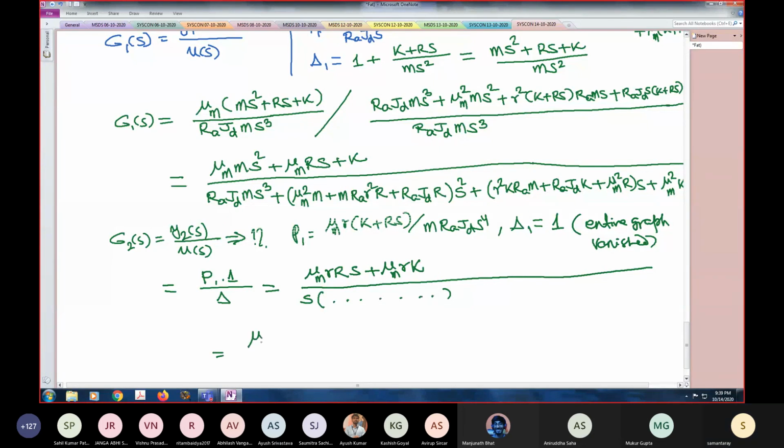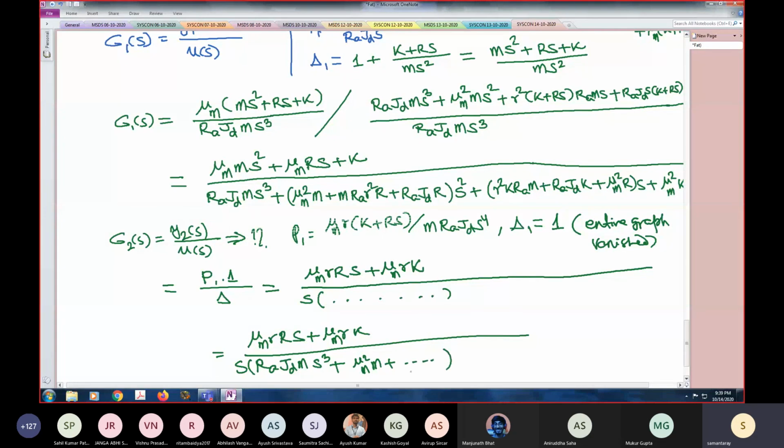So this is mu m r rs plus mu m r k by RA ZD MS cube S into plus mu m square m plus dot dot dot s square plus dot dot dot s plus mu m square K. This whole thing is this.